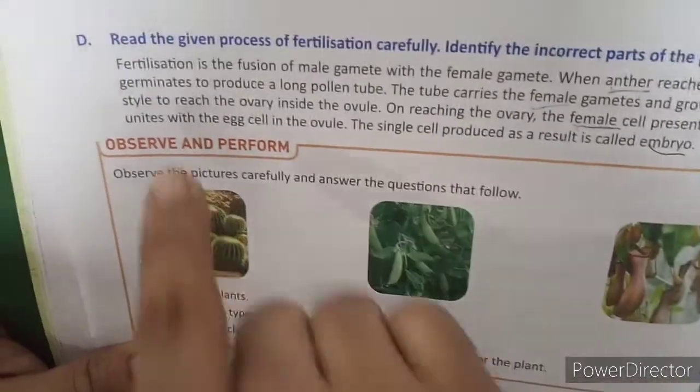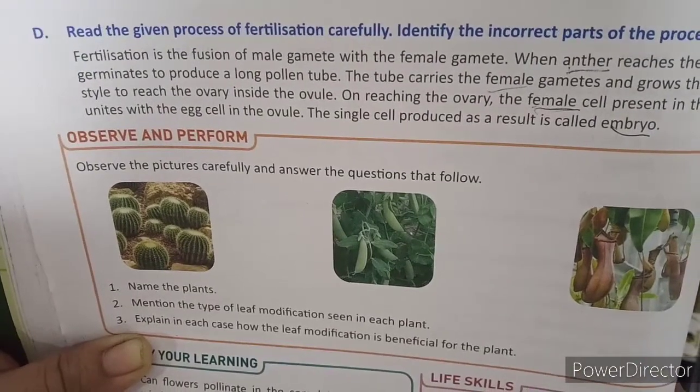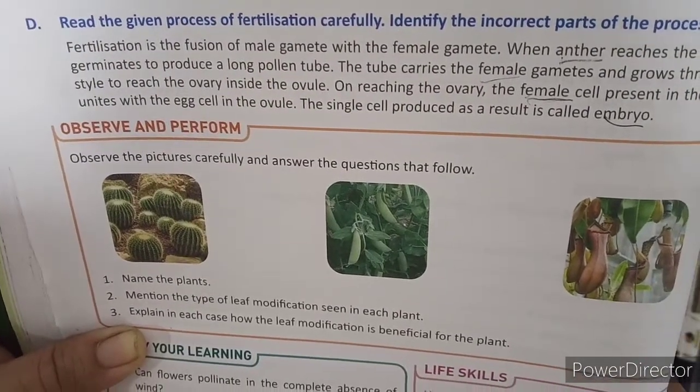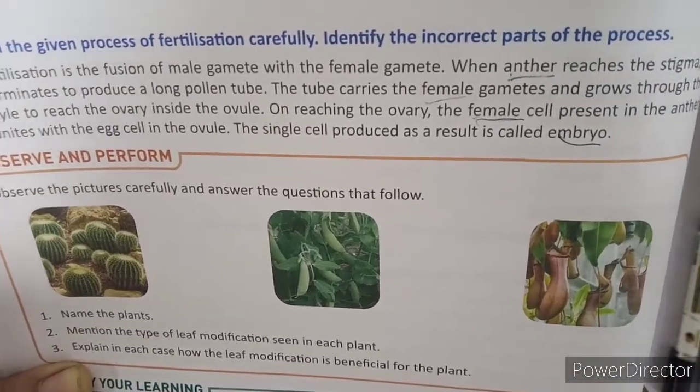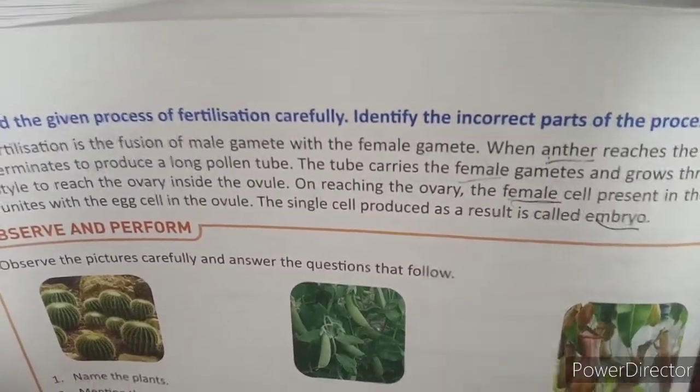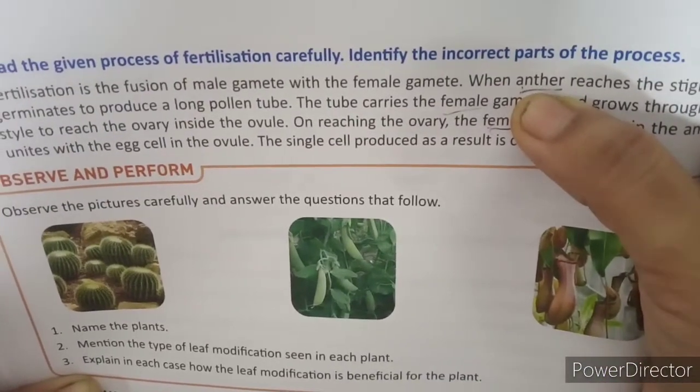Now first is, fertilization is the fusion of male gamete with the female gamete. Full stop. When anther reaches the stigma. So here you have to mark anther.